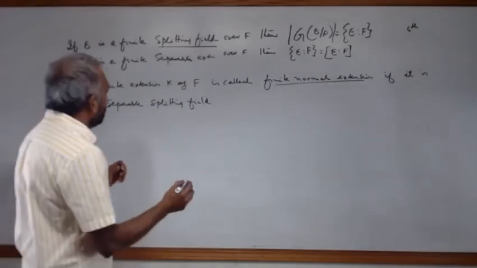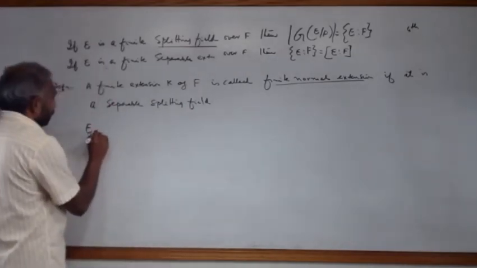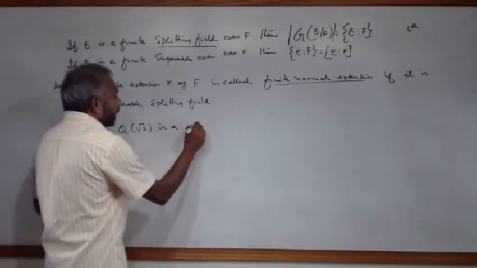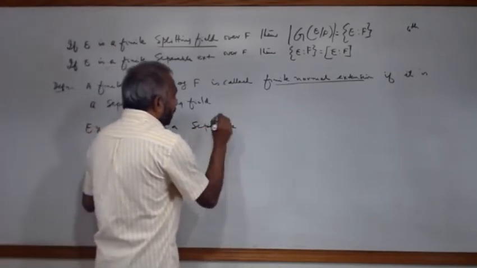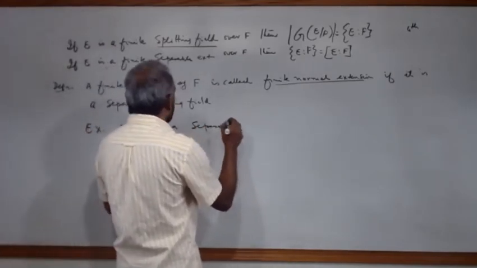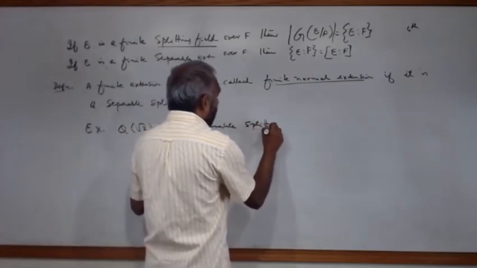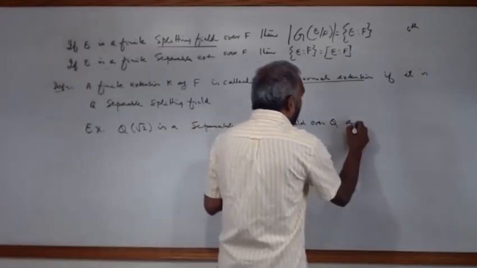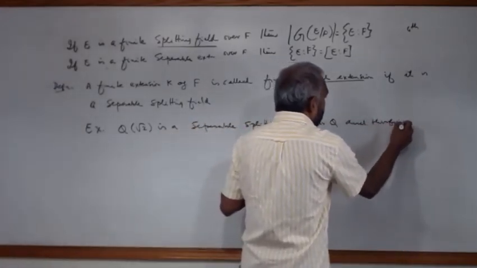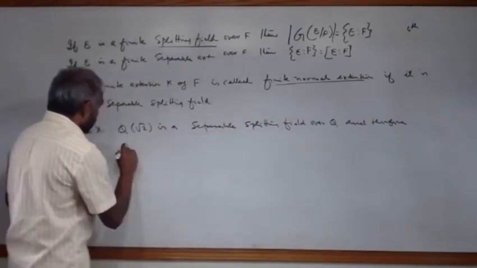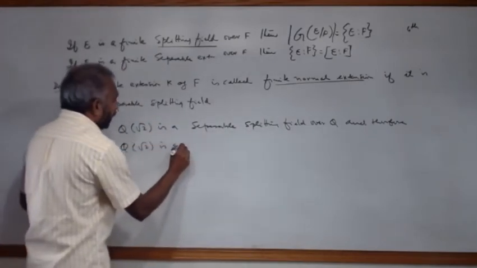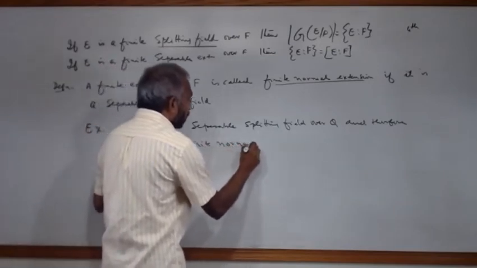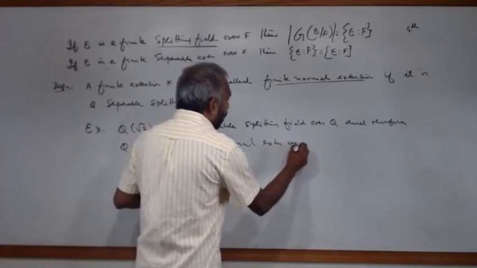Separable splitting field. For example, Q(root 2) is a separable splitting field over Q, and therefore Q(root 2) is a finite normal extension of Q.